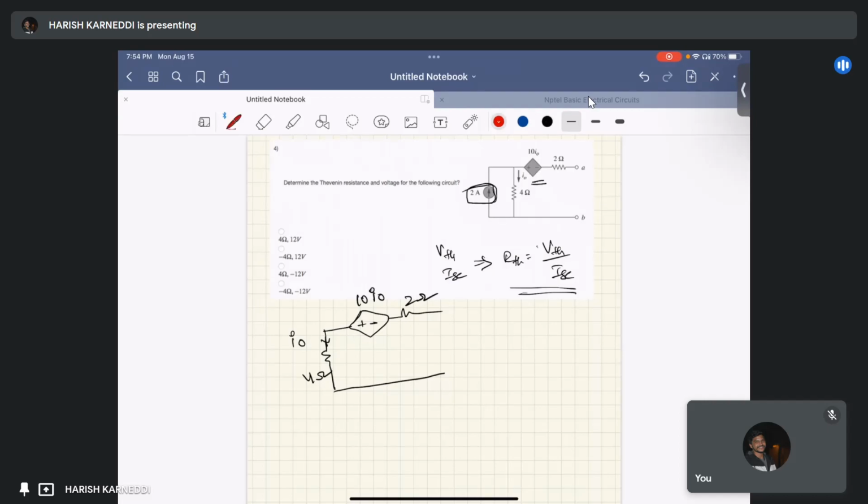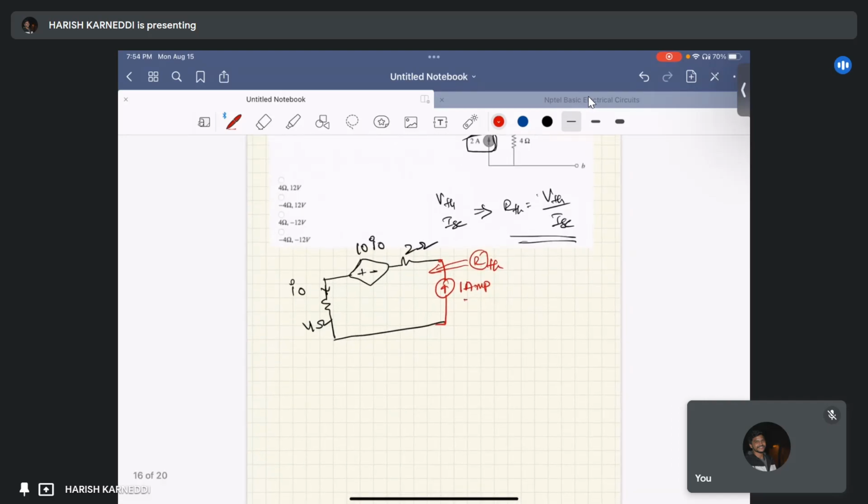This circuit does not have any active source, so we have to energize it. Let us suppose with 1 ampere. I'm energizing this with a 1 ampere current source. My aim is to find the equivalent resistance seen from these two terminals, that is RTH, right?